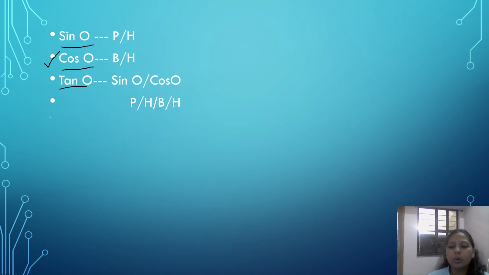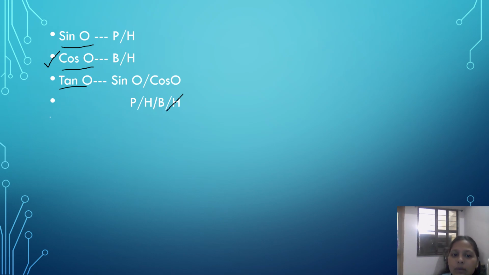I'm just giving an overview, because in the chapter on motion we are going to use cos theta so much, but it's not given in NCERT. So sin theta is perpendicular divided by hypotenuse, cos theta is base divided by hypotenuse, and tan theta is sin theta divided by cos theta.